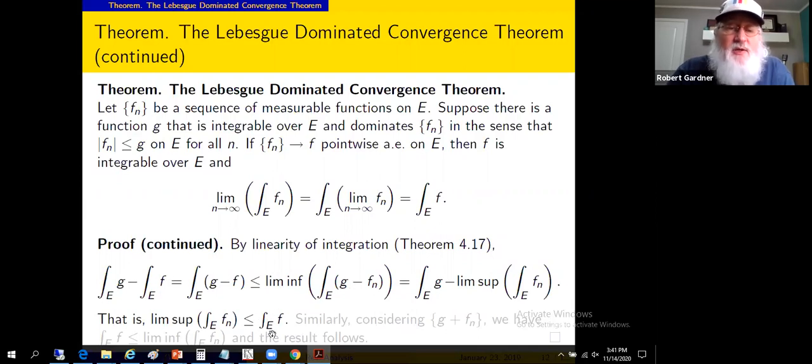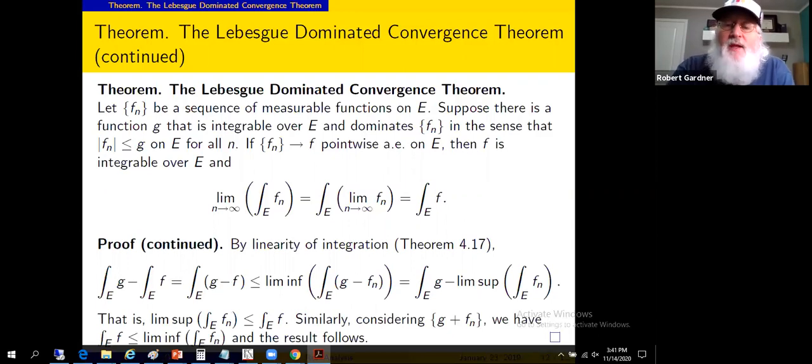Yeah, this little statement here. Eliminate the integrals over E of g. They're just numbers. They're finite numbers. Can't believe I have to say finite numbers, but with the extended real number stuff in the background, these are actual real numbers. So just subtract this number from both sides and then multiply through by negative. And that produces this.